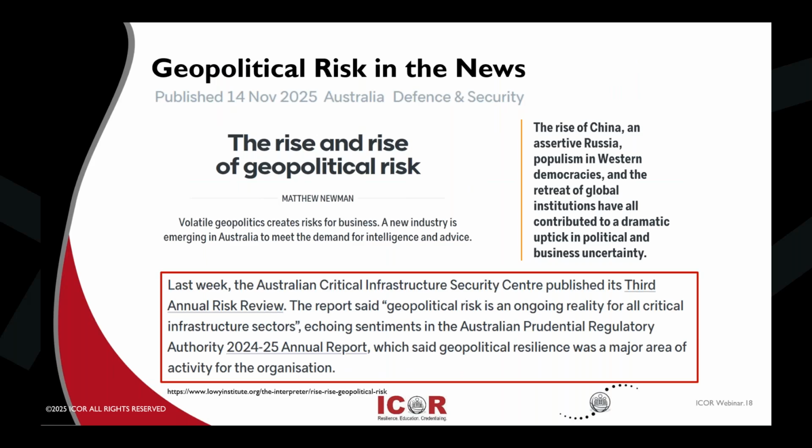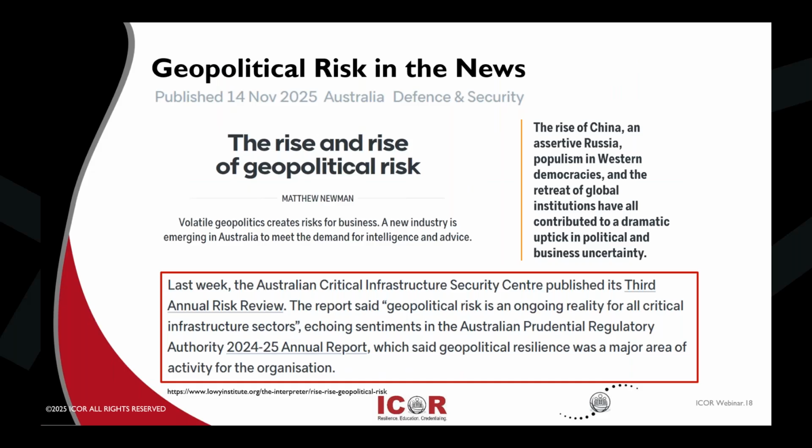And this was published just last week. The Australian Critical Infrastructure Security Center published its 3rd annual risk review. So that's what I'm going to be quoting from in the next couple of slides, specifically looking at geopolitical risk from the viewpoint of the Australian government, and it's specifically from critical infrastructure, but I do think it's relevant to everyone.